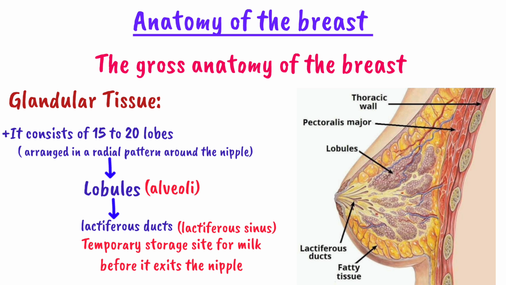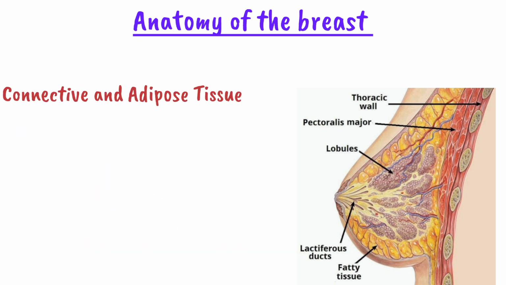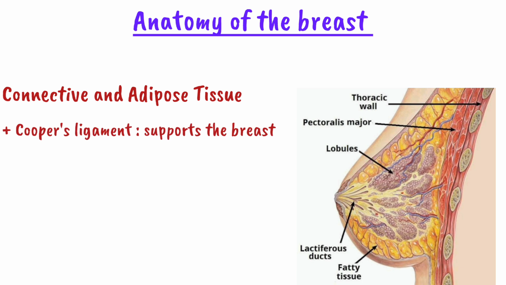Now let's talk about the connective and the adipose tissue of the breast. The breast is supported by a network of connective tissue known as the Cooper's ligaments. It provides structural integrity and maintains the shape of the breast. This ligament extends from the dermis of the skin to the deep fascia overlying the pectoral muscles.